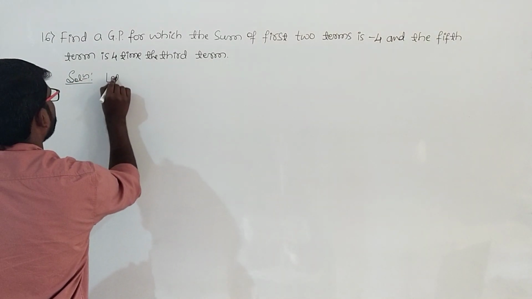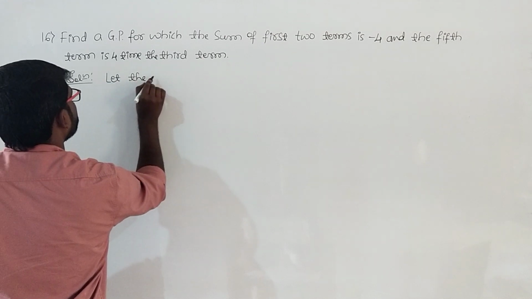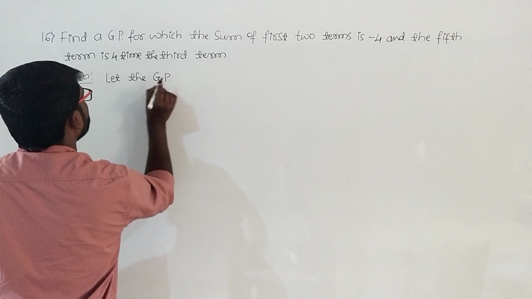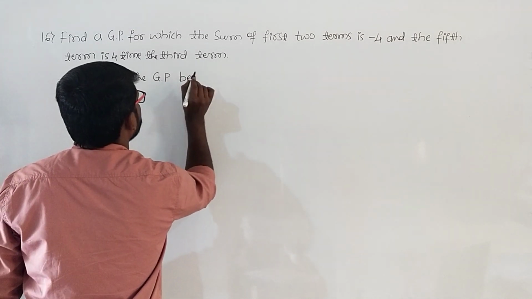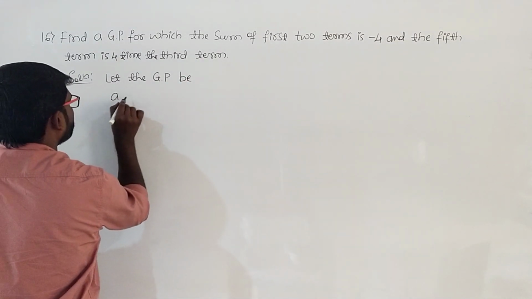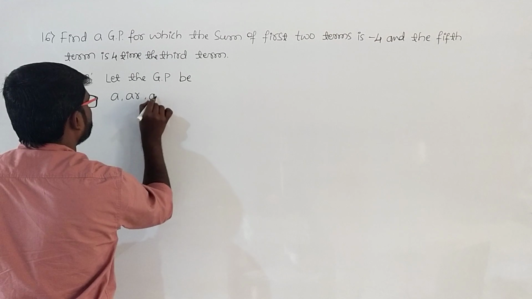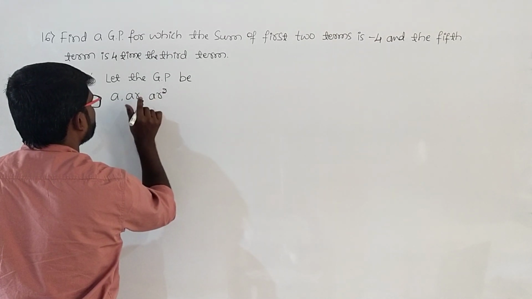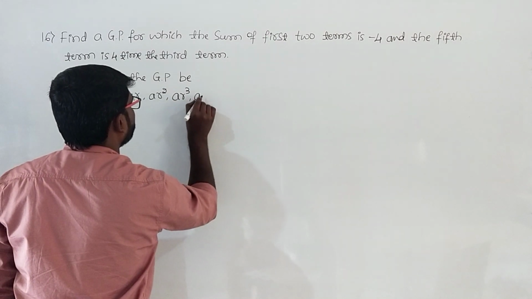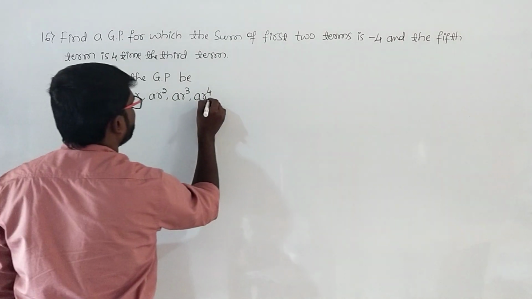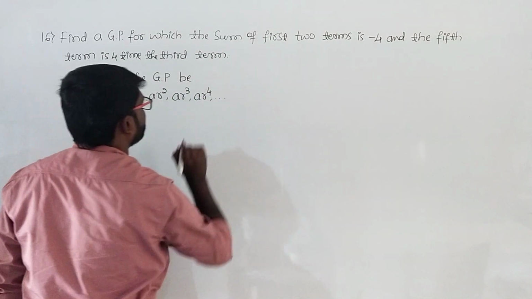Let the GP be A, AR, AR square, AR raised to 3, AR raised to 4 and so on.